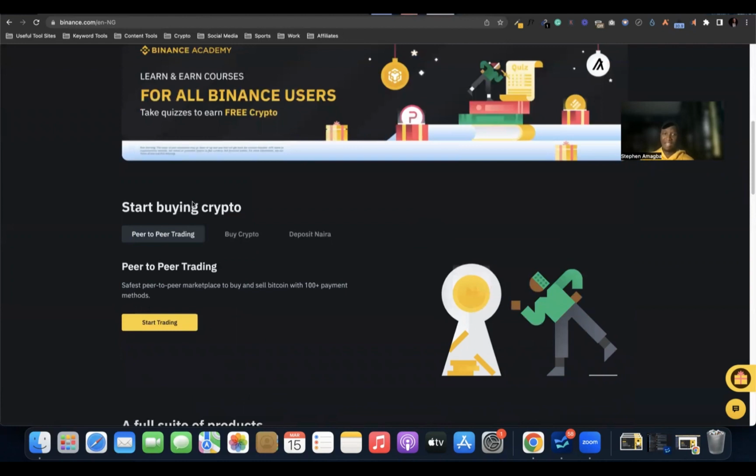We also have another place where you can start buying crypto with all the options available for the region. Remember, that's why it's very important for you to go to the version of your country. It tells us Binance for you and for your region. So it's good that you click that option that takes you to the Binance version for your country, just to give you something tailored better for your location.